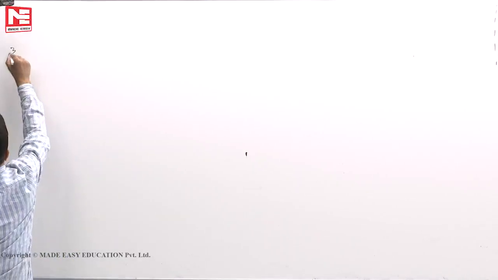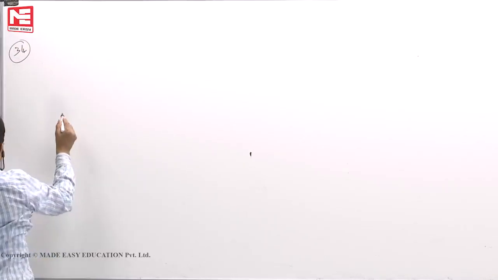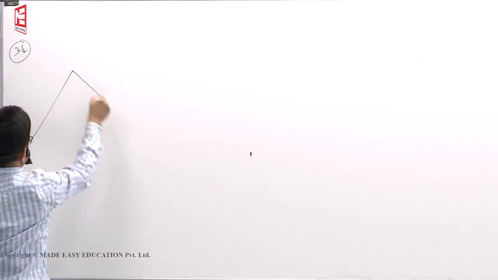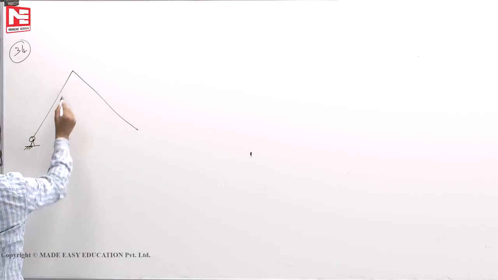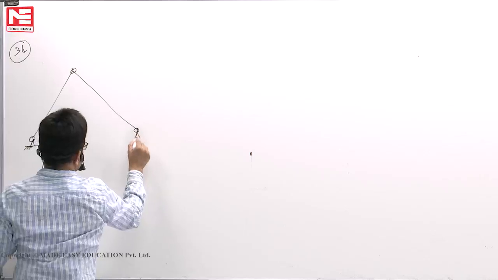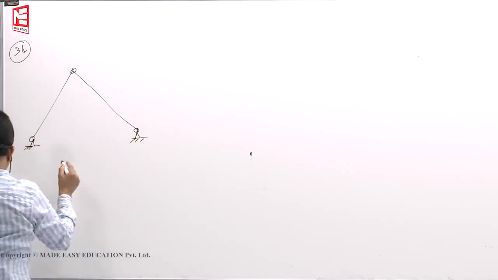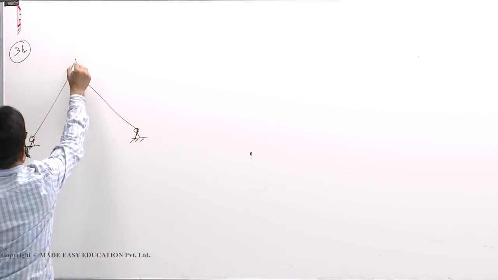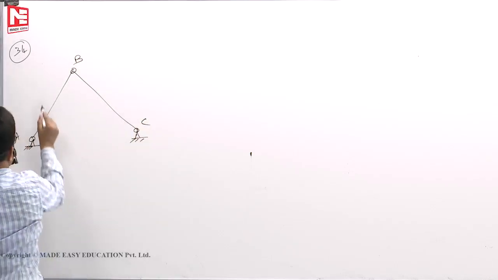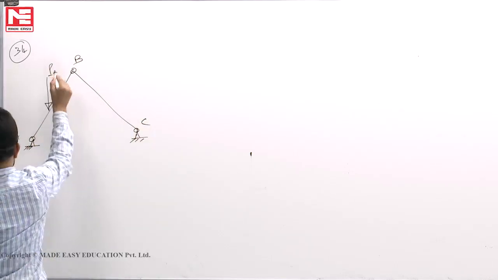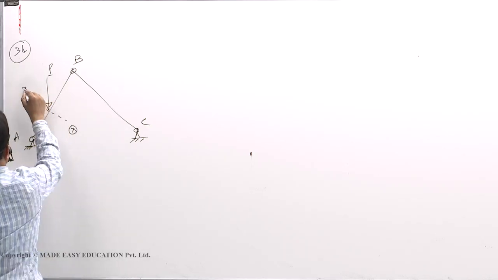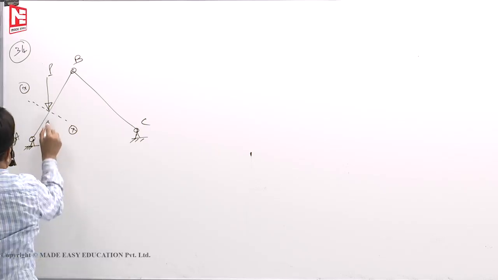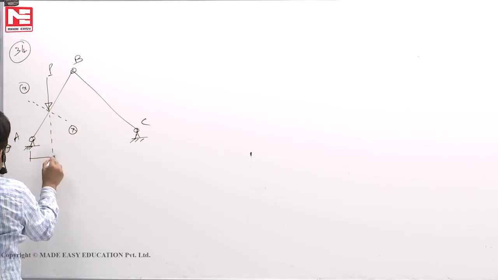Now you see 34th question. We have a three-hinged arch but with straight segments A, B, C. There is a vertical load of P. You take a section XX at a vertical distance of, this means projection.